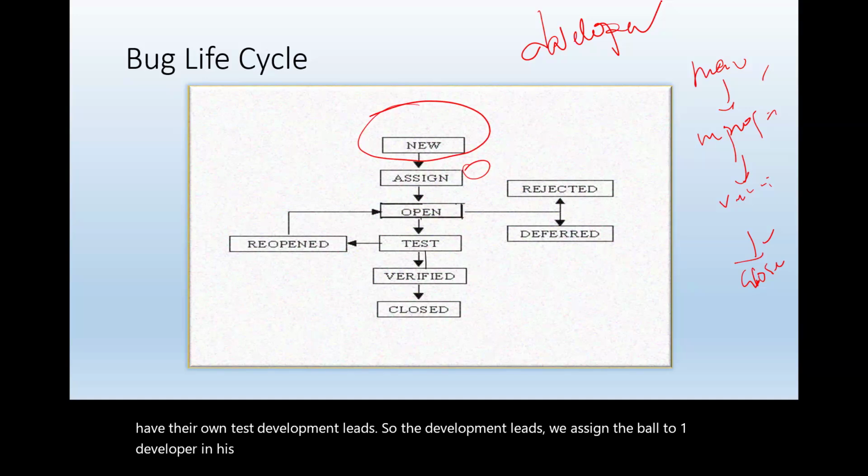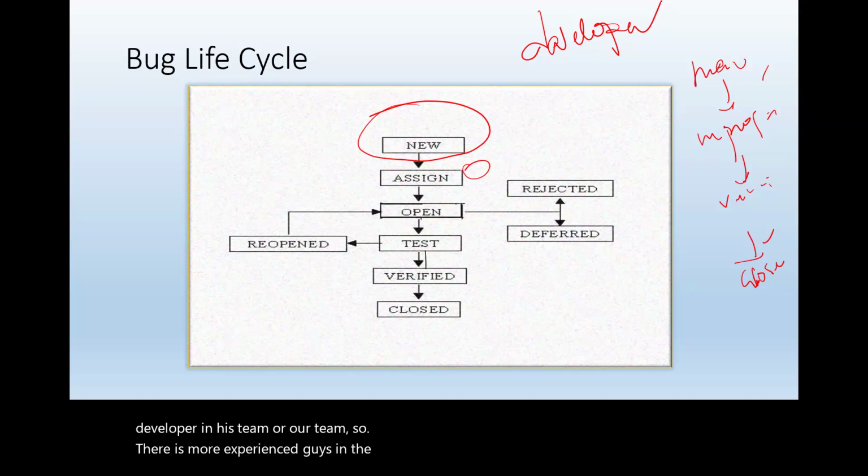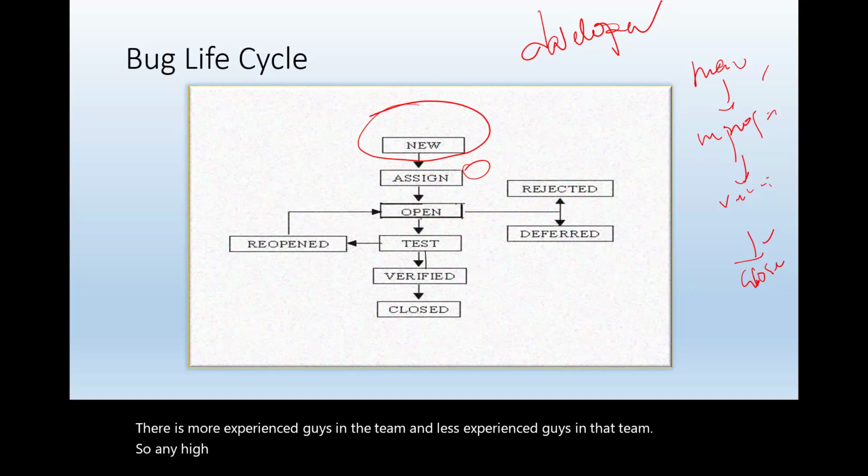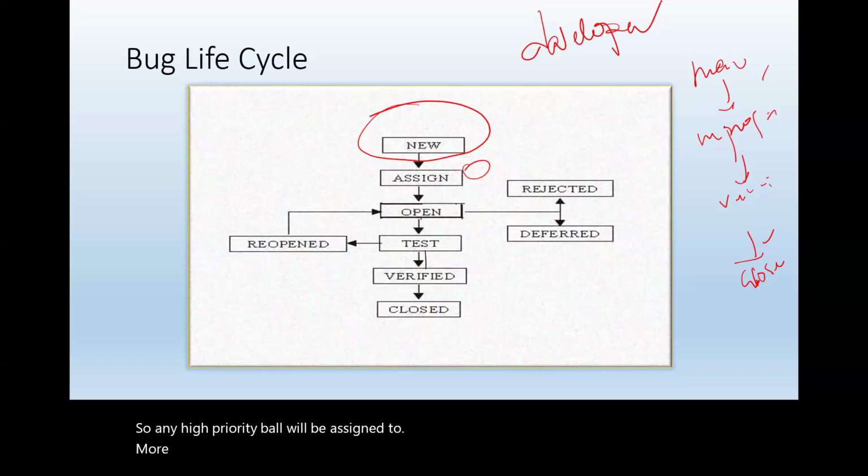There are more experienced developers and less experienced developers in that team. So any high priority bug will be assigned to a more experienced developer in the team. Any low priority, low severity bug can be assigned to a fresher.